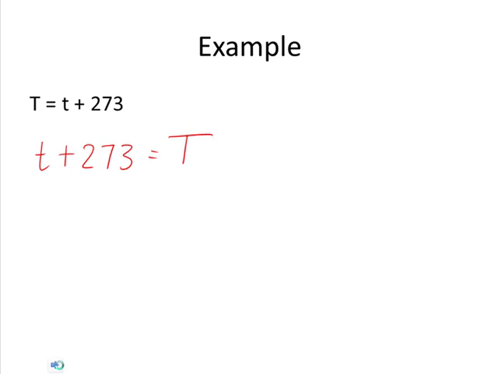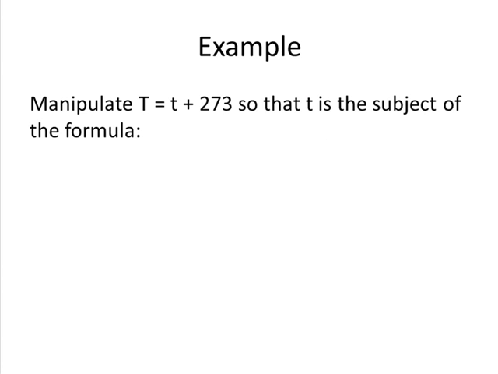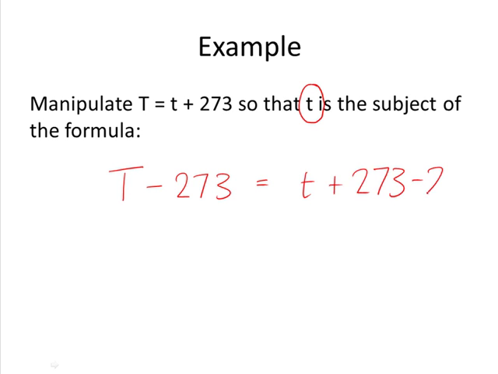As I've already said, what you do to one side, you must do to the other side. So you might add or subtract a certain amount from both sides. Let's use these principles to manipulate this formula so that small t is the subject of the formula. So we subtract 273 from both sides. Capital T minus 273 is equal to small t plus 273 minus 273.